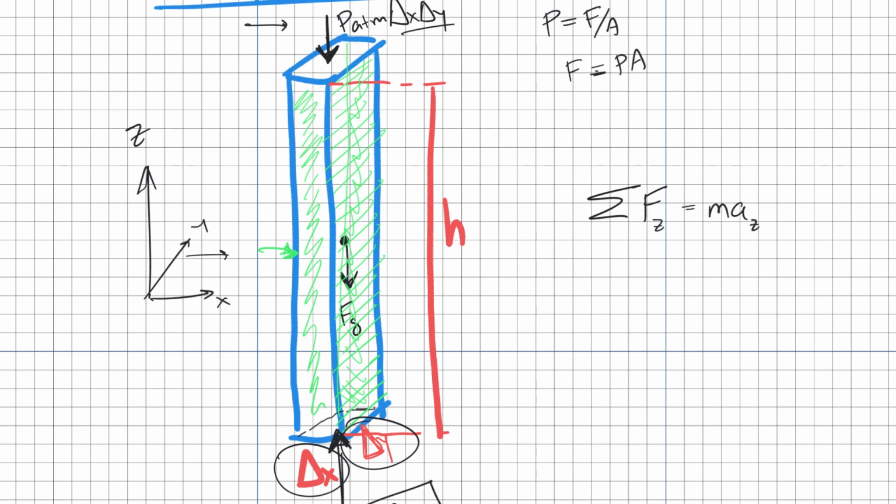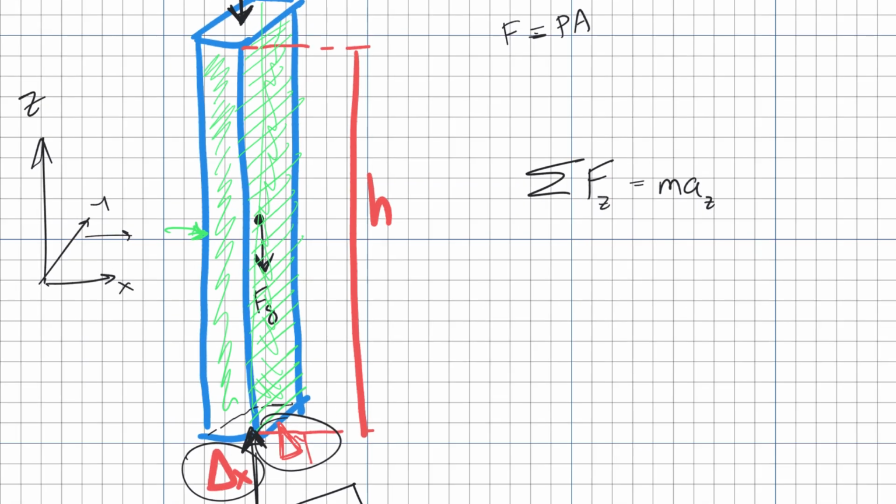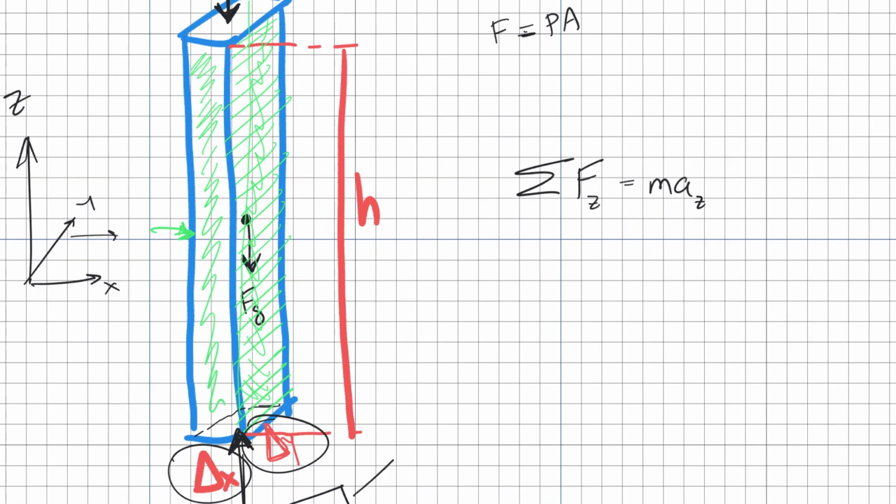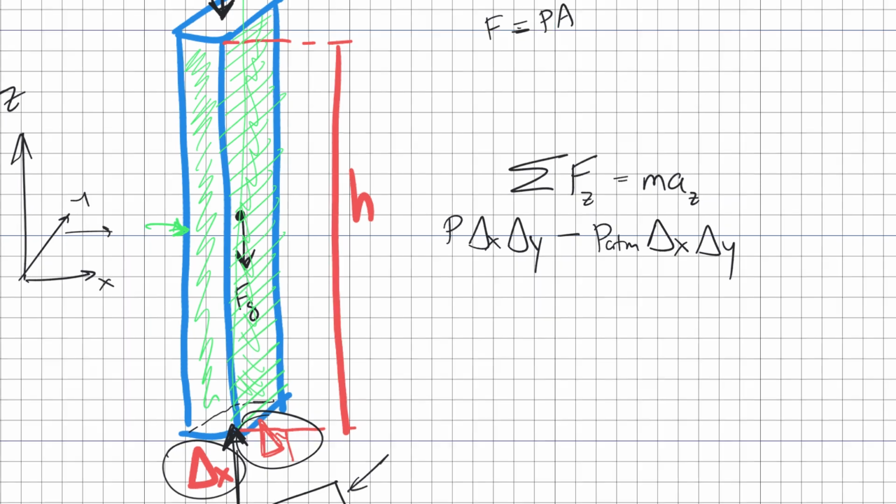So I'm going to add up my forces. The first positive force is this one. In fact, that's the only positive force. So the pressure on the bottom times delta x times delta y, minus the pressure on the top, atmospheric pressure, times delta x, delta y. Apologize, this is a little unorganized.